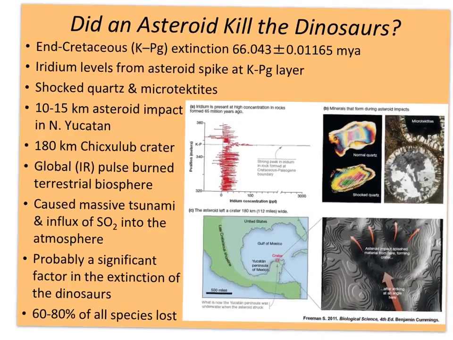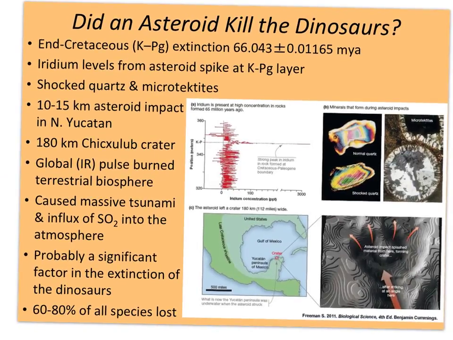Okay. Has anybody heard about the asteroid that might have killed the dinosaurs? Anybody? Okay. So, there's a guy named Walter Alvarez and his son. He was at the University of California, Berkeley.